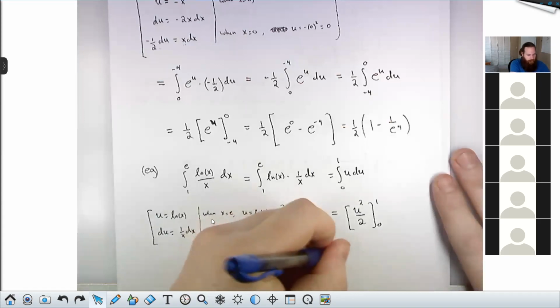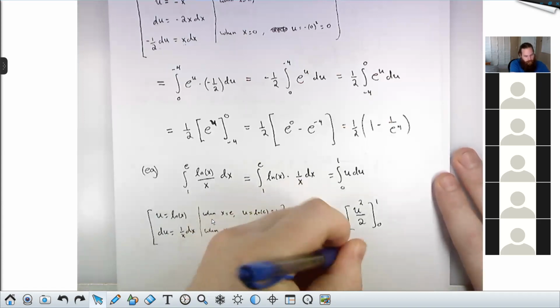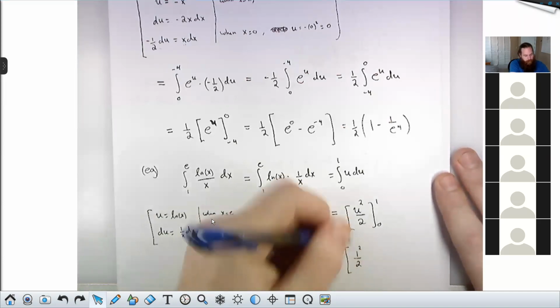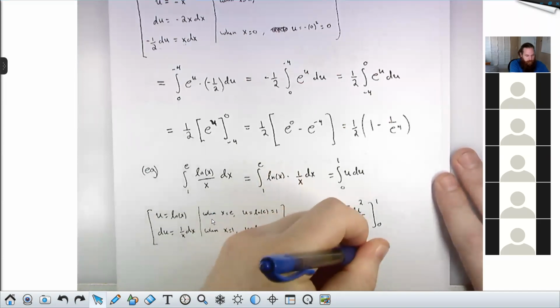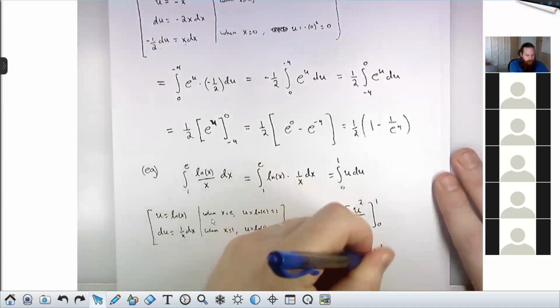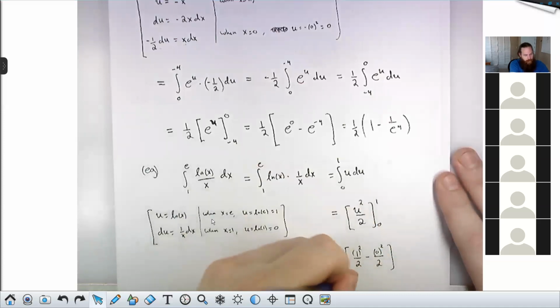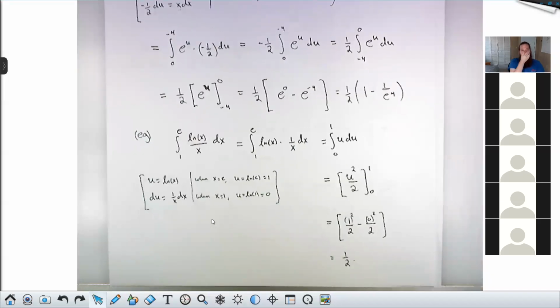So this would just be 1 squared over 2 minus 0 squared over 2, which is 1/2. This is a fun problem.